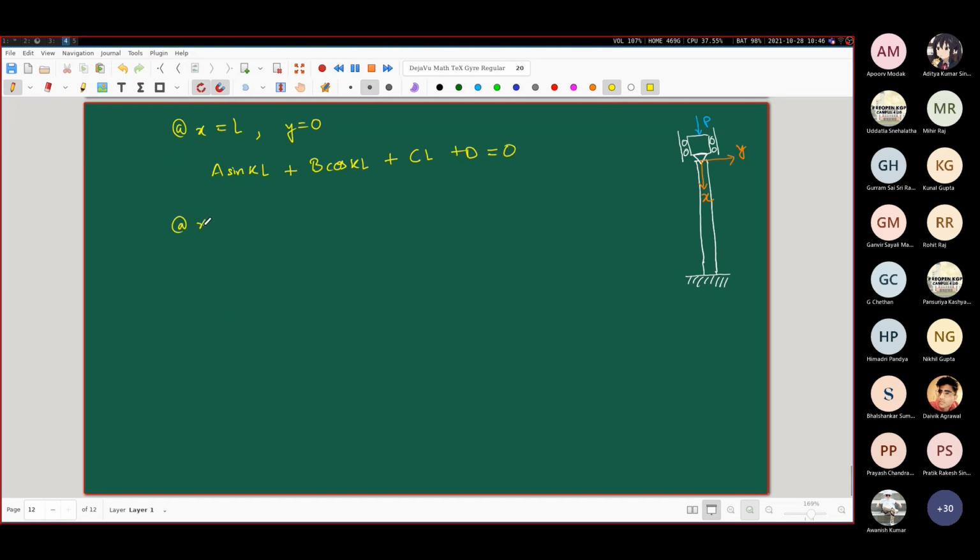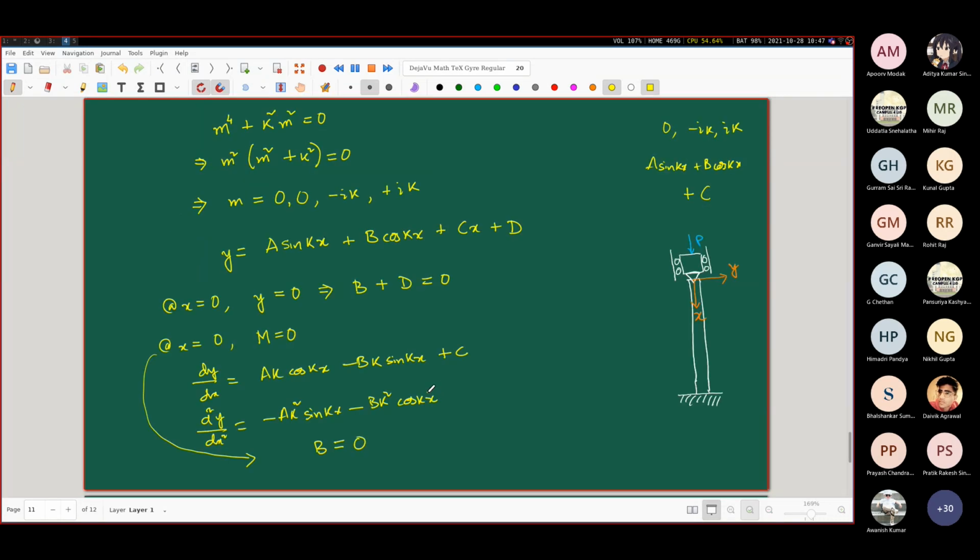And at x equal to L, what other condition should I use? dy/dx equal to 0. We already have this expression for dy/dx. I'll just copy this thing.